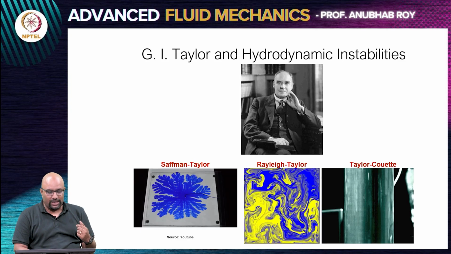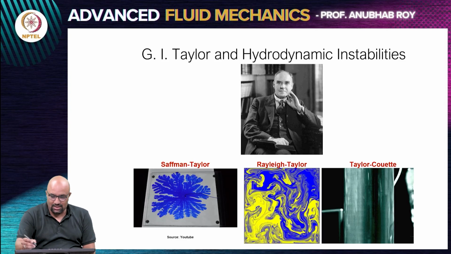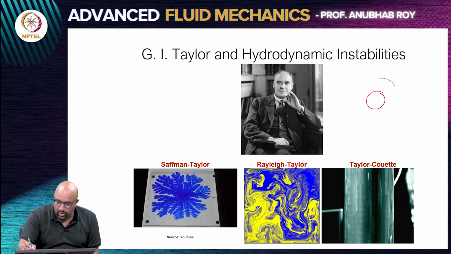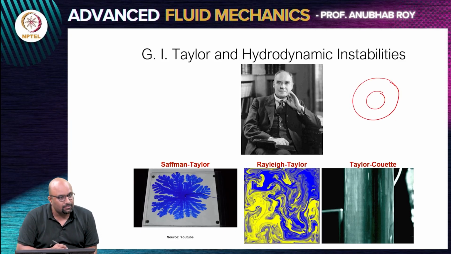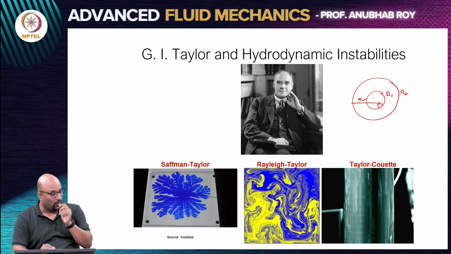So, you can show that this kind of a configuration is centrifugally unstable. Centrifugally unstable means that if you look at two rings of fluid, you find out what is the angular velocity here, omega 1, and this is omega 2. This is radius A1 and this is radius A2, just two rings of fluid.